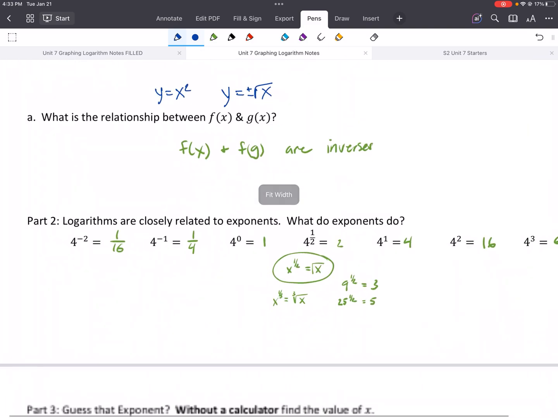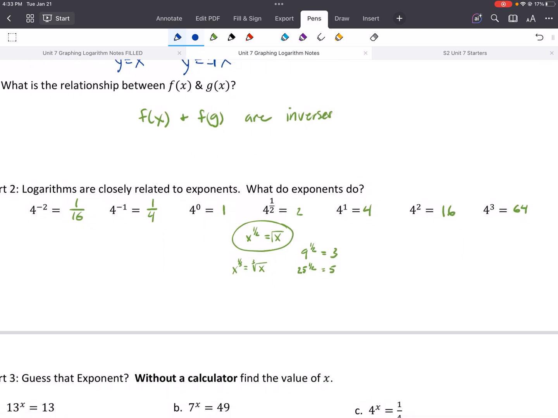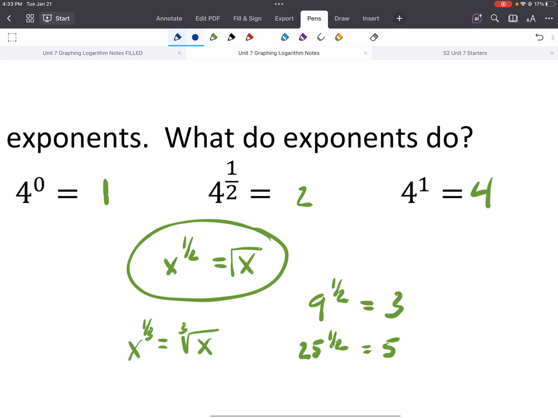All right, going on. We filled this in. Most of this is very similar to what we've already been doing, except for this middle part, the fractional exponents. One thing you need to make sure you understand here is that anything to the 1/2, an exponent of 1/2, is equivalent to a square root.